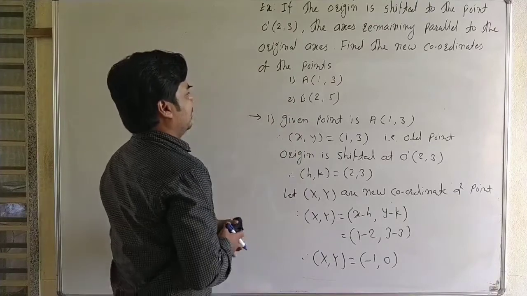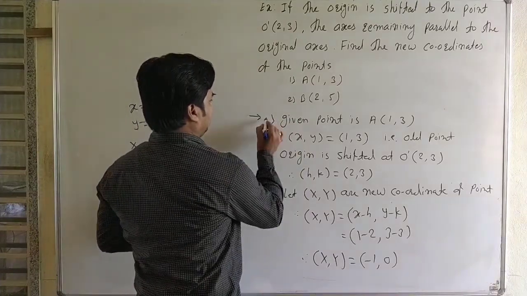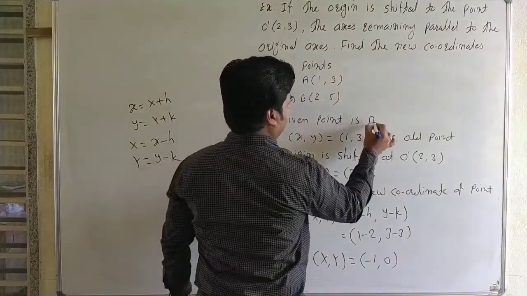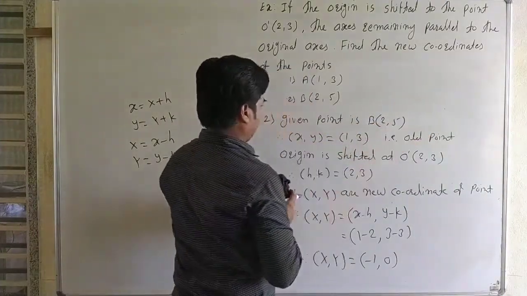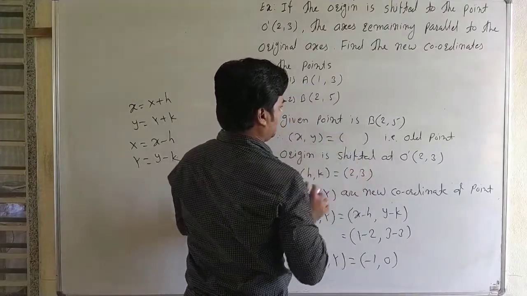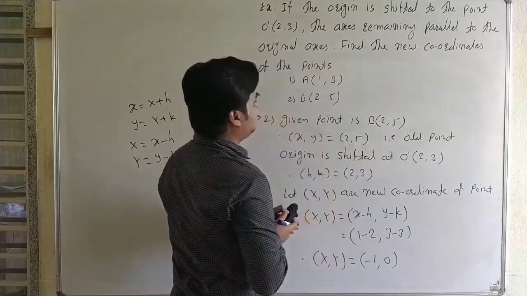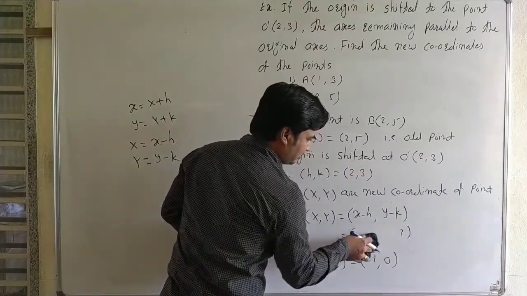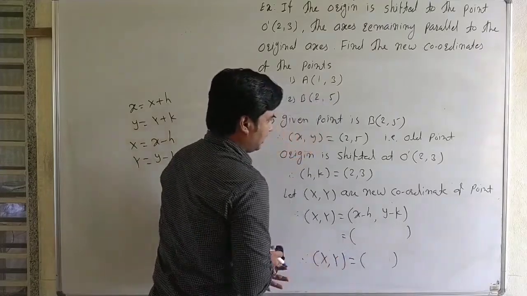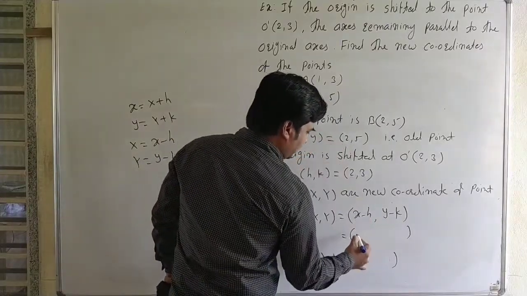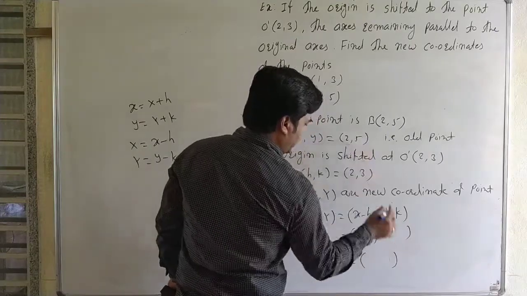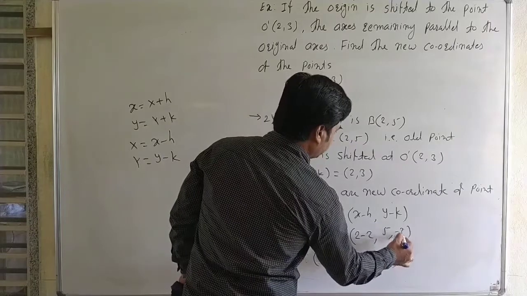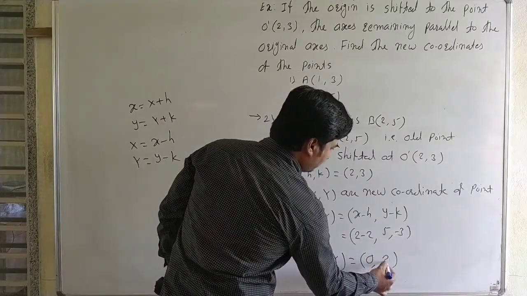Okay, let us write it. Here then, second example: point B is (2, 5). That means it is (2, 5). The origin is shifted to (2, 3). Then the new coordinates are x minus h, 2 minus 2, and y minus k, 5 minus 3, and then it is (0, 2).